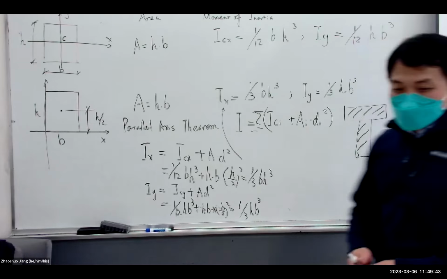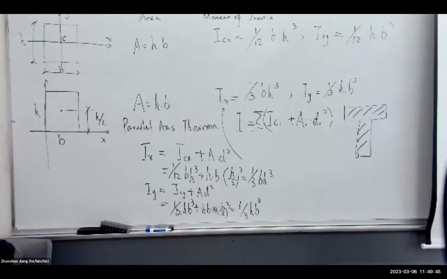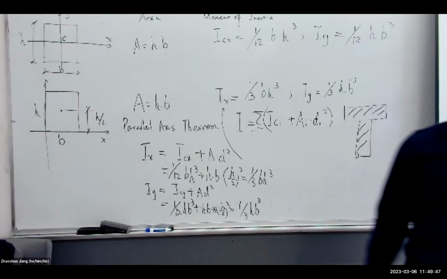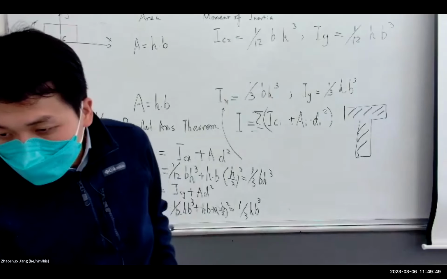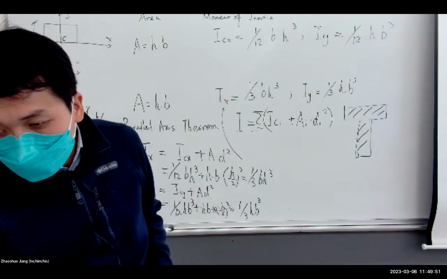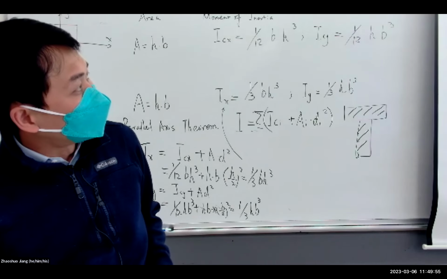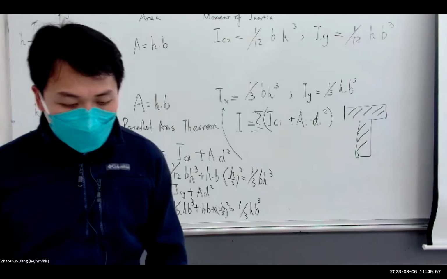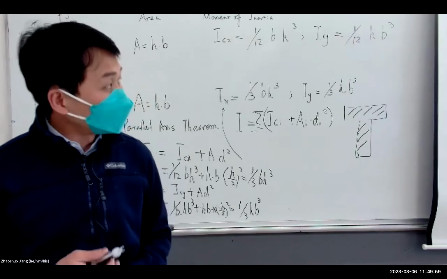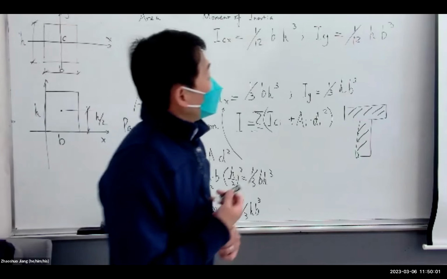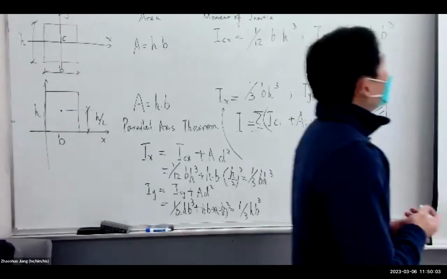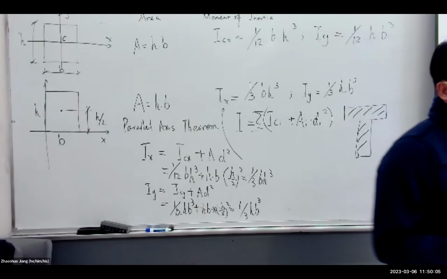With that said, here is the example we would use to demonstrate how this could be done. Here is a simply supported beam with a point load in the middle.